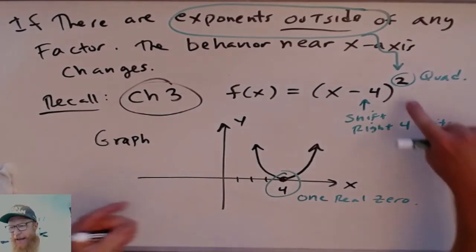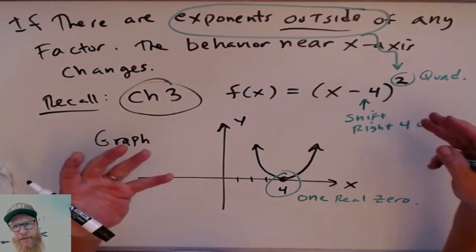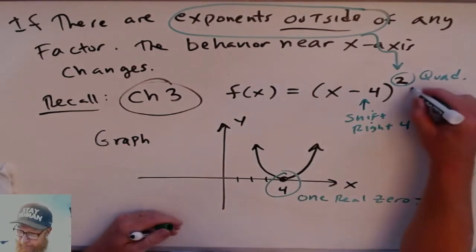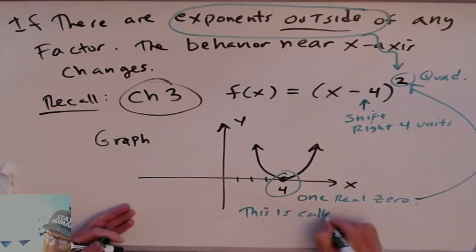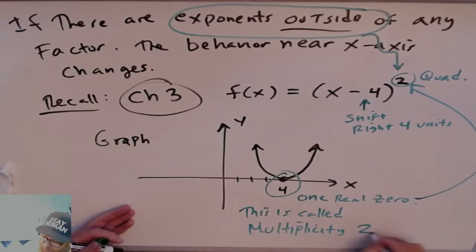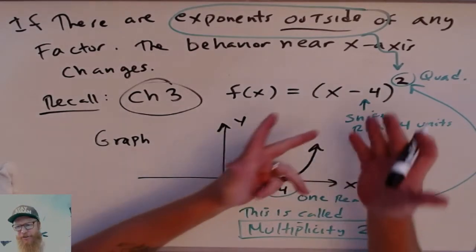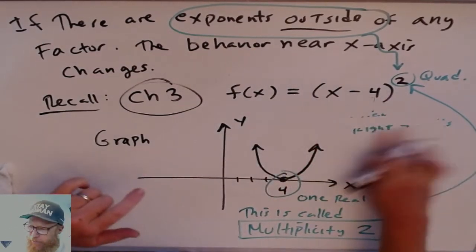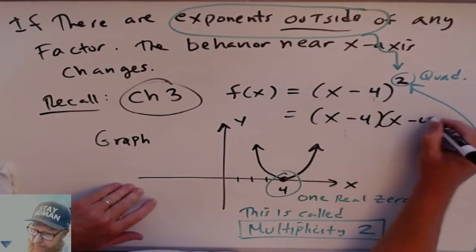That's because this factor occurred twice. And so this is what we call multiplicity 2. The multiplicity was 2. That factor occurs twice. Look, if I wrote it out as a factored form, it would be x minus 4 times x minus 4.